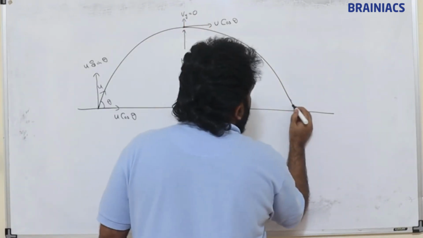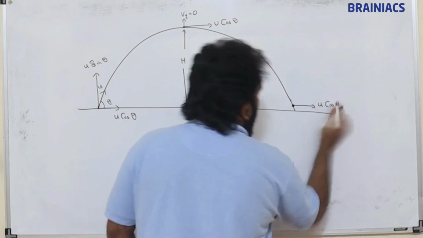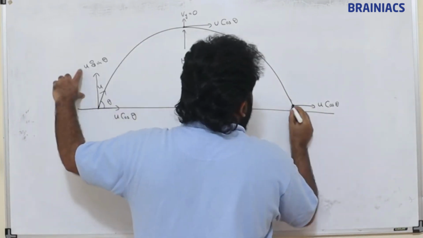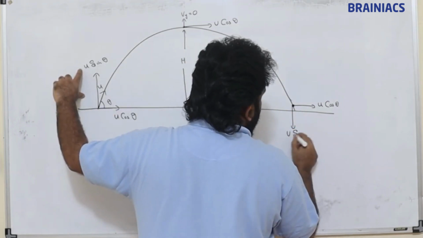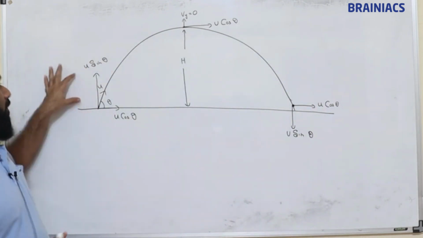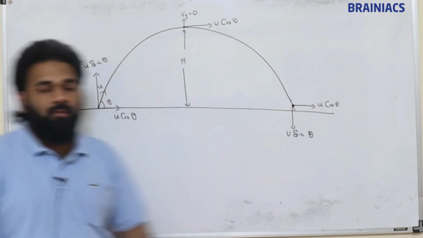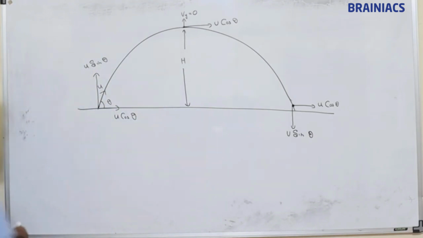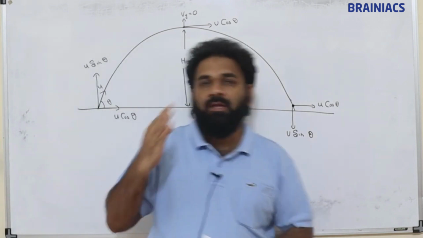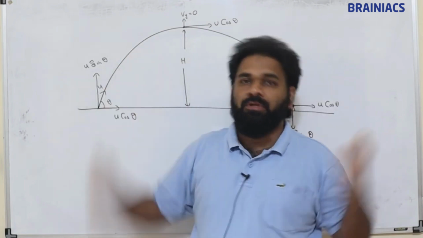At the lowermost point we will have again u cos theta as the horizontal component, and the same u sin theta will come here, but in the opposite direction, u sin theta in the downward direction. Clear?